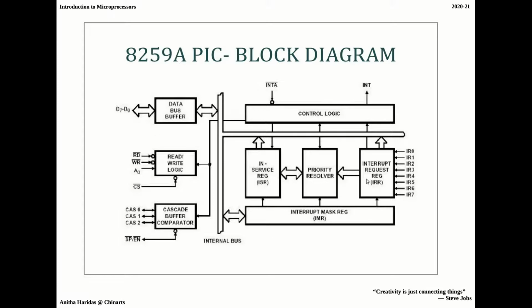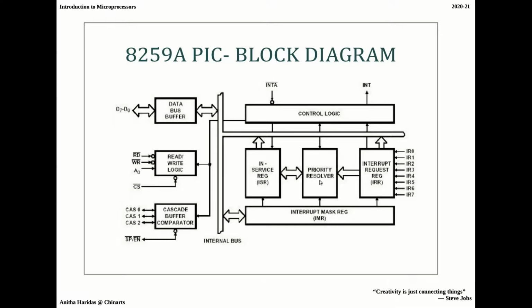These are the different digital components available in 8259A. There is a data bus buffer, read-write logic, a control logic, a cascade buffer, and 3 registers: the in-service register, the interrupt mask register, and the interrupt request register.